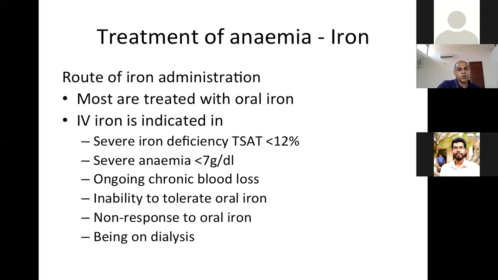And also, if somebody is having anemia and is on dialysis, it's preferable to use IV iron because it's easy to administer. When they come for dialysis, you can give the IV iron. And also, they are more likely to lose blood during dialysis and various other procedures. So therefore, they are more likely to be needing a lot of iron. So that's why you consider IV iron in these patients.